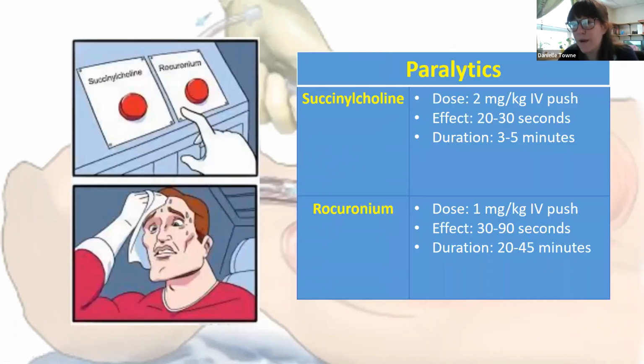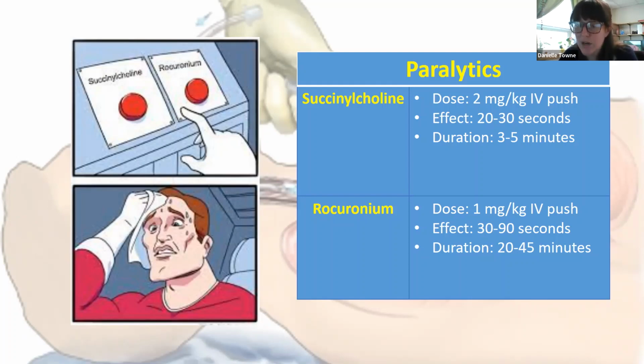And then there's two main paralytic agents that we see utilized with RSI. Succinylcholine is a depolarizing neuromuscular blockade. That means the medication adheres to the cholinergic receptors of the motor end plate, and that causes a continuous disruption that results in transient and involuntary muscle contractions that are also called fasciculations.